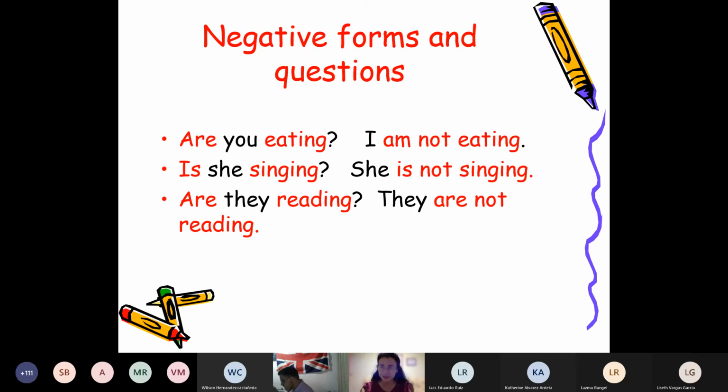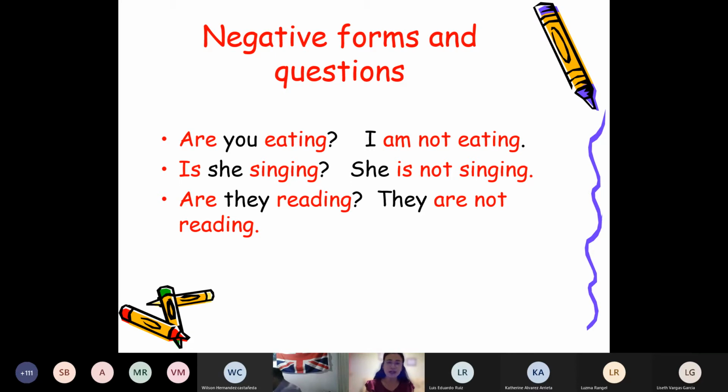Do you live in Bogota? But in these questions for present continuous, the question starts with the auxiliary, which is the verb to be. Are you eating? Is he singing? Are they reading?